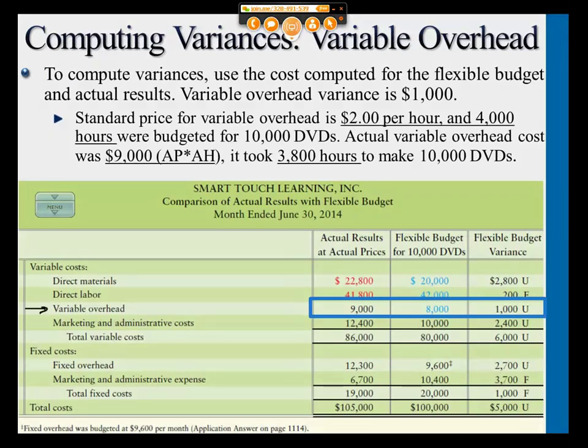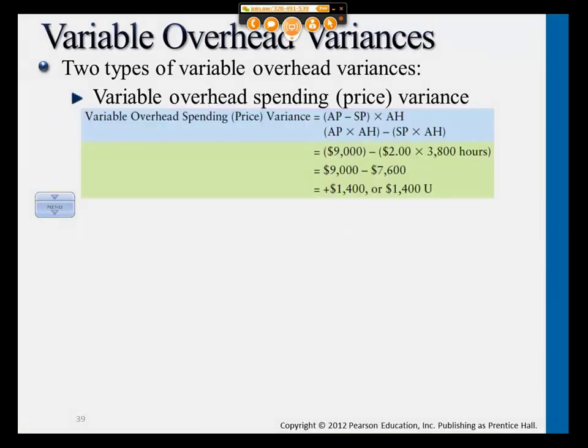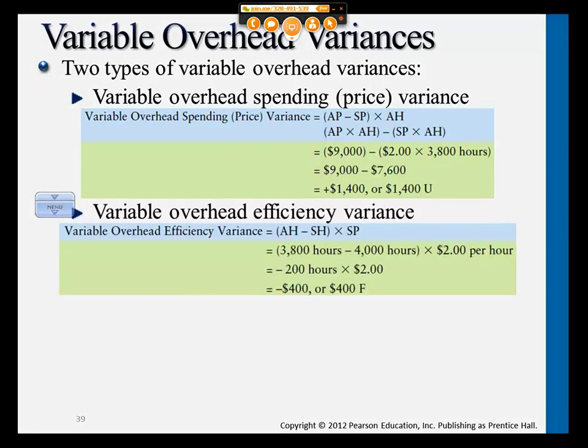That's your actual results at actual prices and the flexible budget at the actual quantities, at the actual hours. So we have this 9,000, we subtract 2 by 3,800 hours, we get 1,400, which is unfavorable.